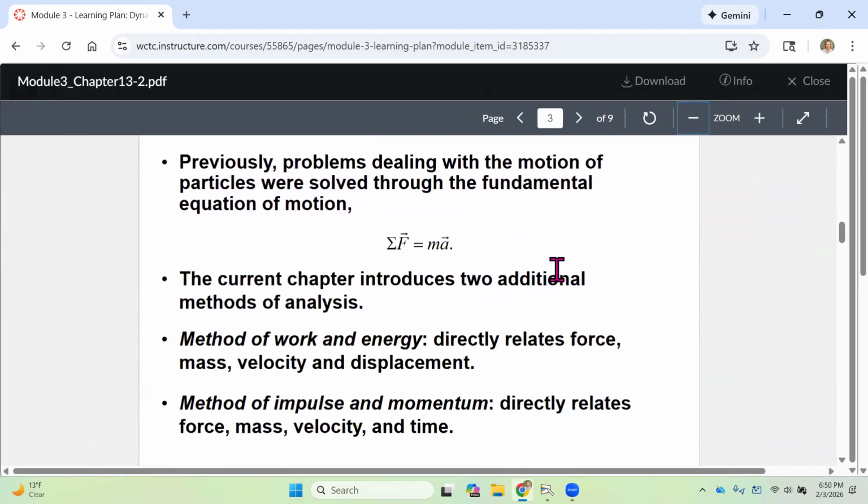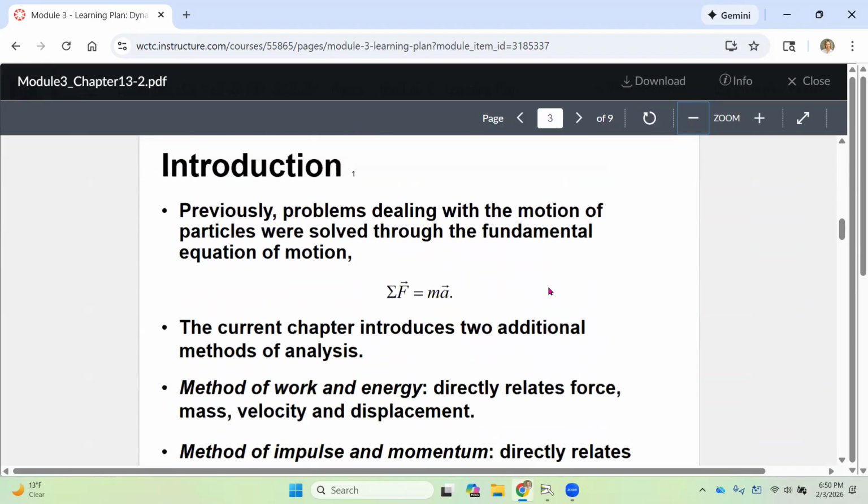Up until this point, we have been looking at what the forces are doing to the motion of a particle. We can look at it in terms of summing the forces equals mass times acceleration, the linear translational, or in a rotational sense where we had the moments and were looking at the rotational inertia effects on the motion as well.